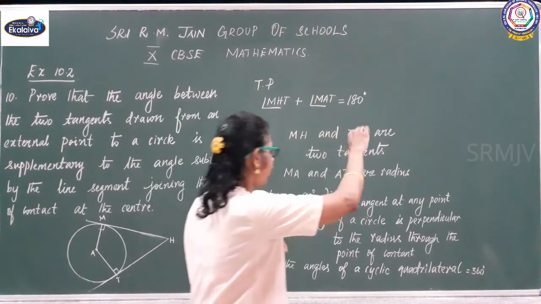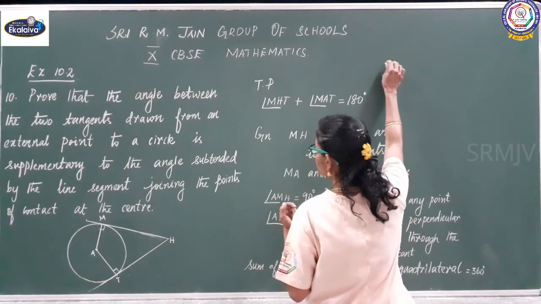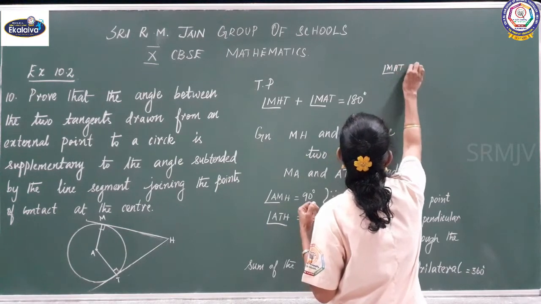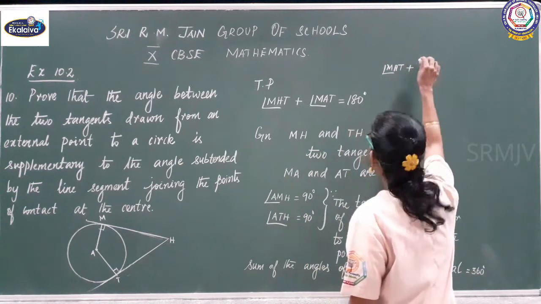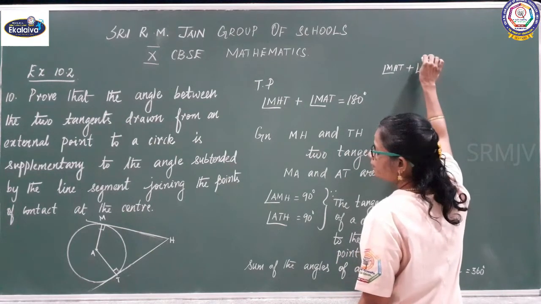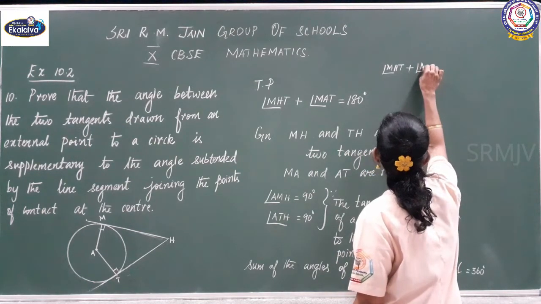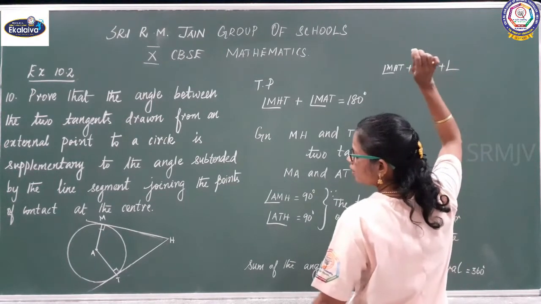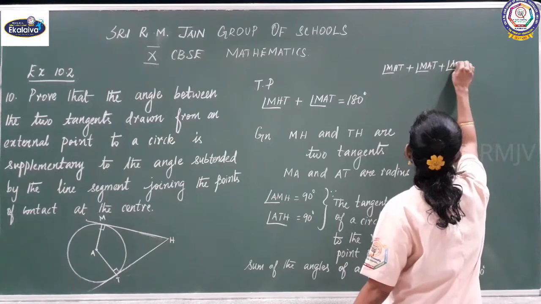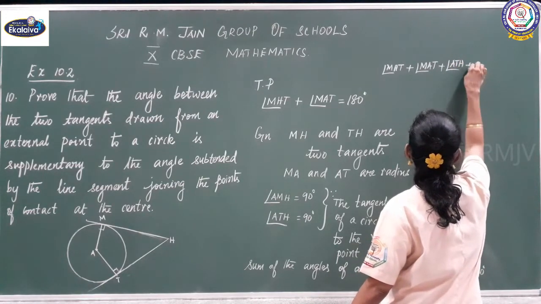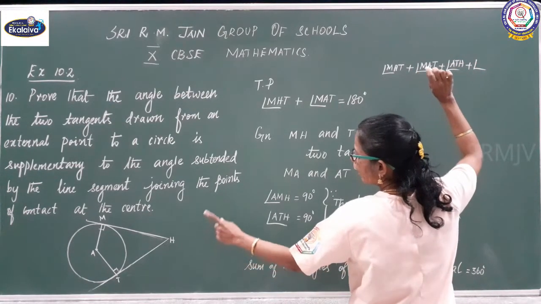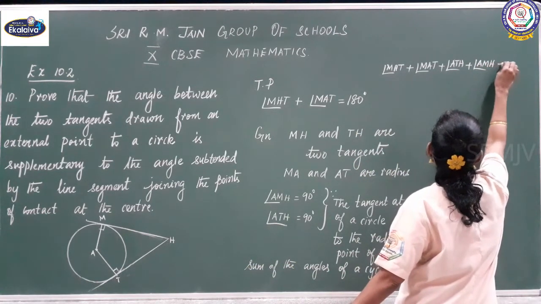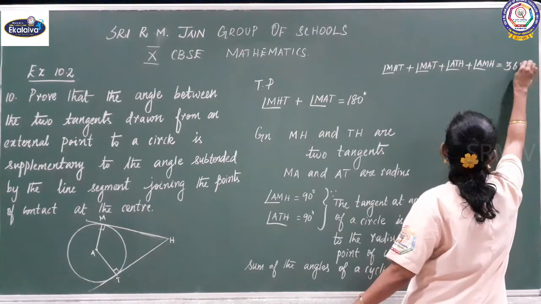Now I am going to write the angles. See here, angle MHT plus angle MAT plus angle ATH plus angle AMH equal to 360 degree.